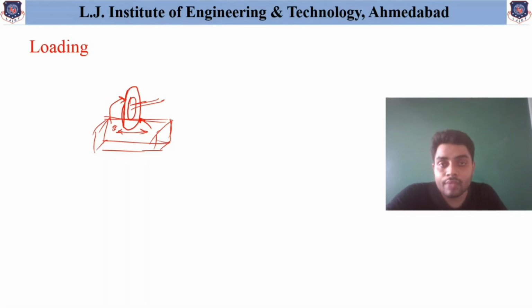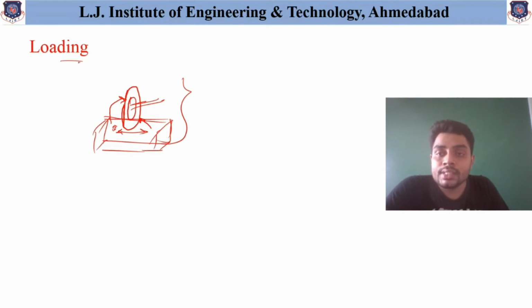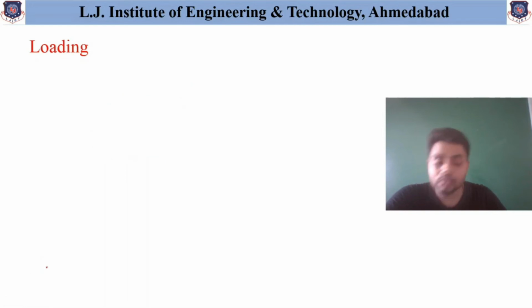So if foreign particles such as the workpiece material particles get adhered on the surface of the grinding wheel, this type of phenomenon is called loading. So this is the basic understanding of how loading is defined. I hope this is clear to you, what is the meaning of the loading.